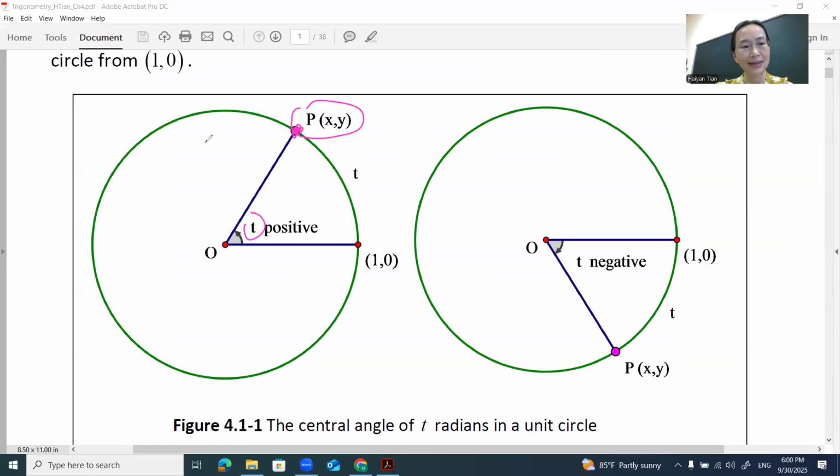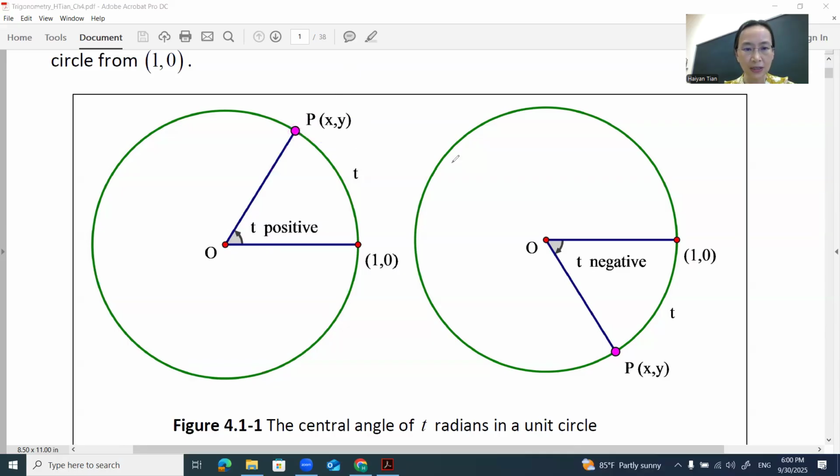That simplifies our calculation of the trigonometric function value at this t. Certainly we know that to calculate the trigonometric function value, whichever point on the terminal side can be used. You can choose to use any point, but this point does have convenience.